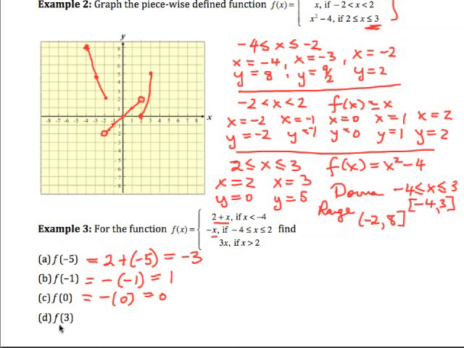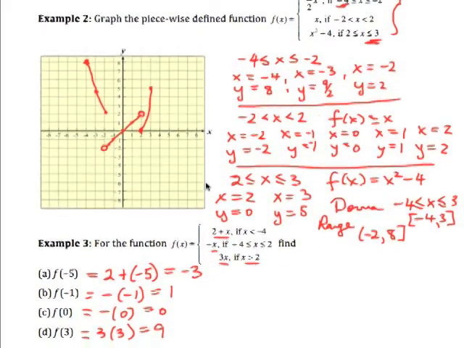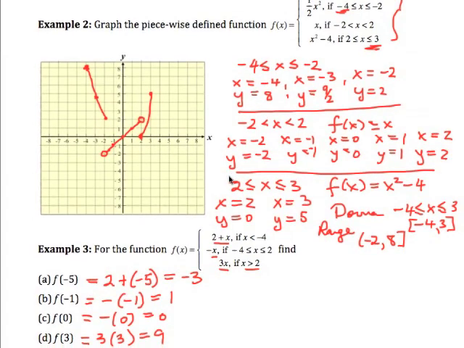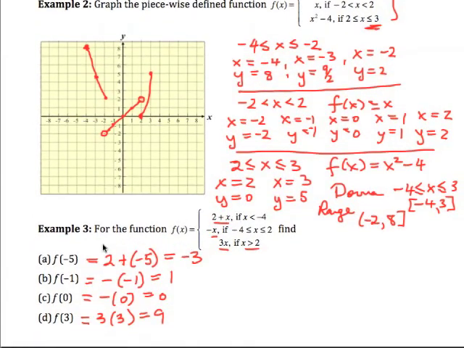If I'm looking at f of 3, then notice that 3 is greater than 2, so it's this function, so it's equal to 3 by 3, which is equal to 9. Okay, so that's how we graph piecewise-defined functions and how we evaluate function values at particular x values for a piecewise-defined function.